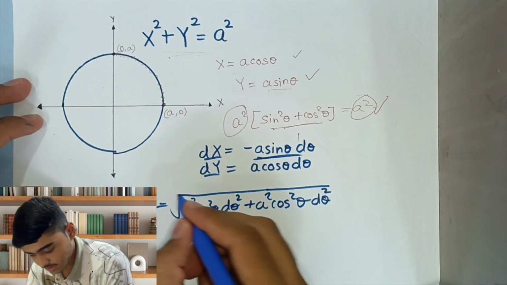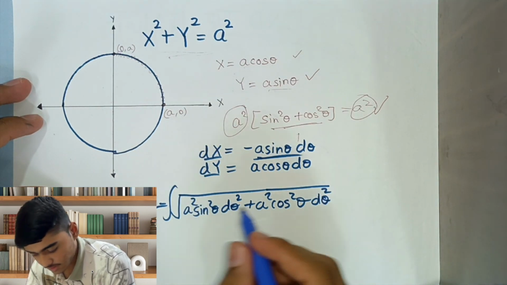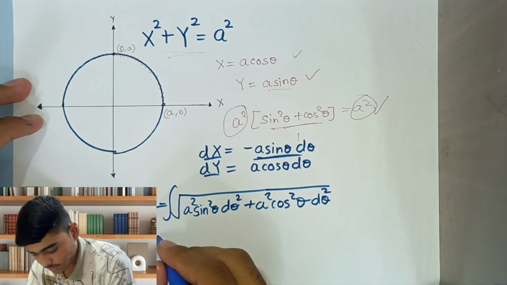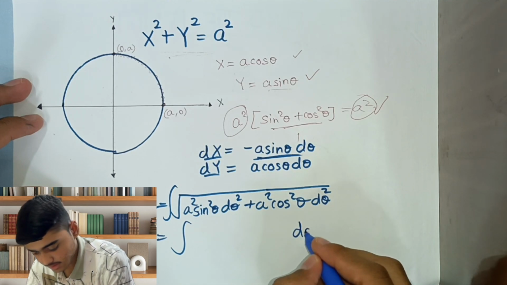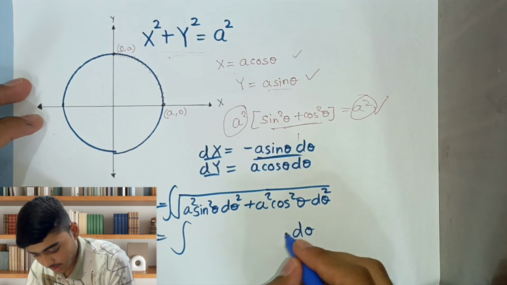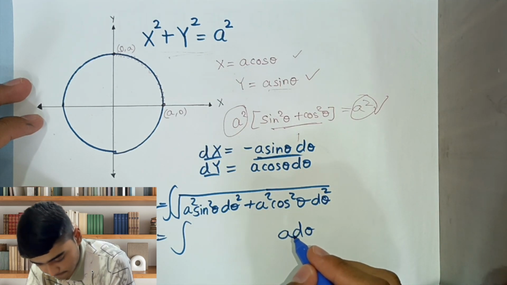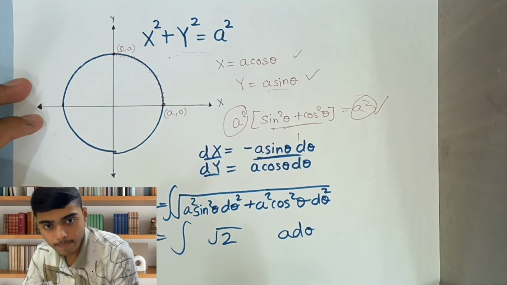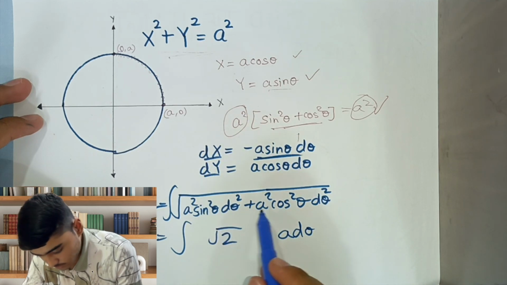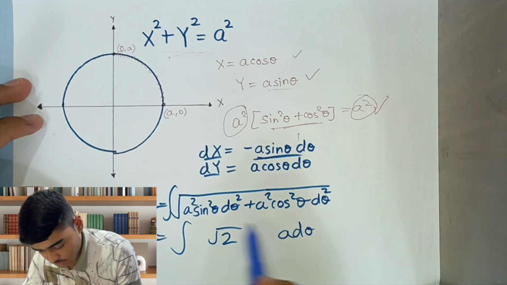So this simply gives the integration of this, and next we have the integration where d theta comes out of the root, a comes out of the root, and inside the root we have a square d theta square common.